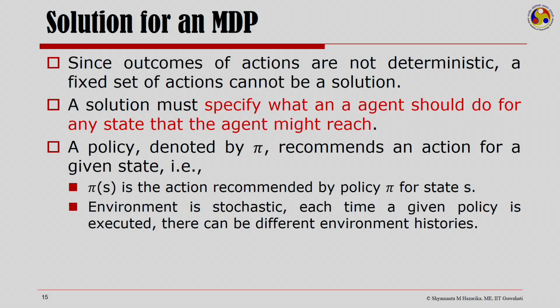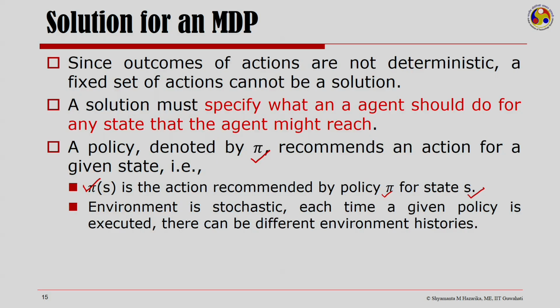So, we are looking for a policy, and the policy is denoted by pi. What the policy does is recommend an action for a given state. So, if I say pi of S, this is the action recommended by the policy pi for the state S.